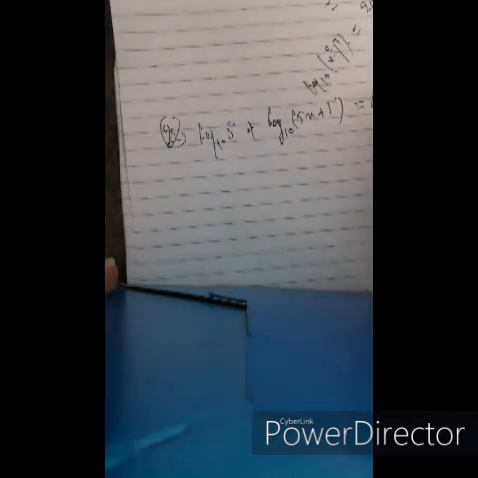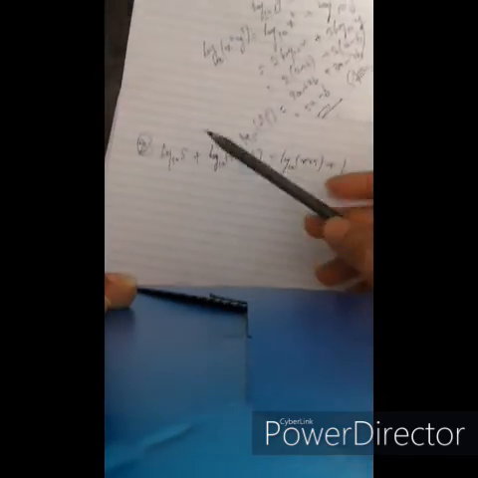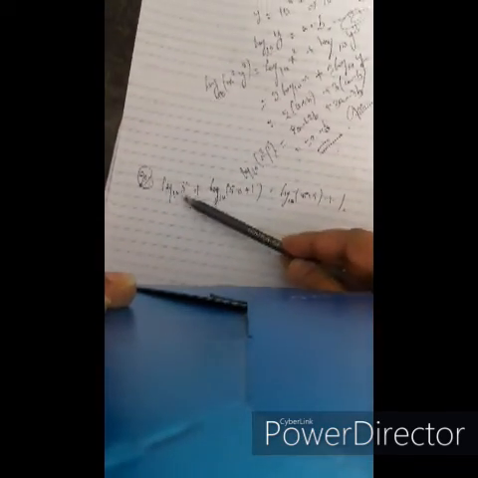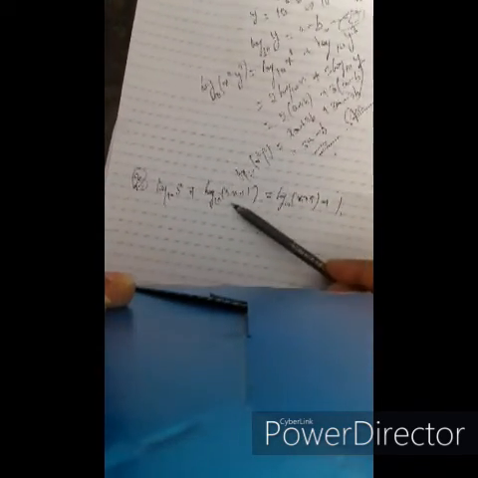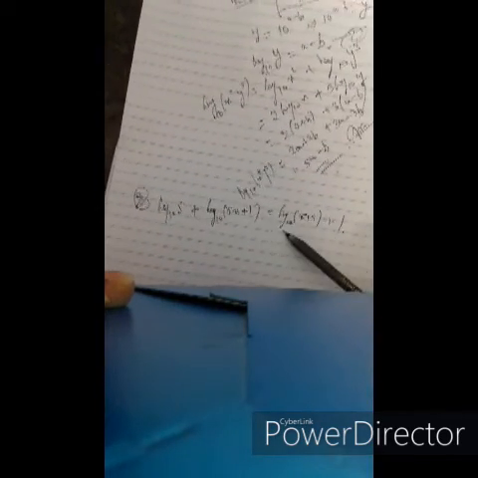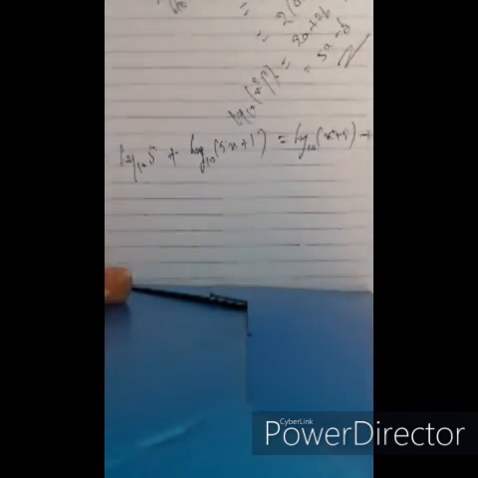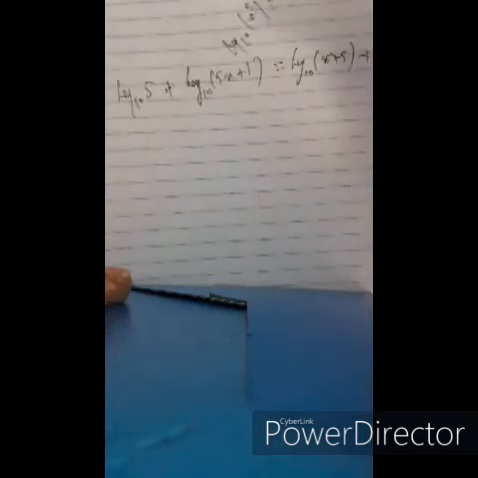So we have to solve this. We have to in fact find the value of x for this. I hope you are able to see the problem. Log 5 to the base 10 plus log 5x plus 1 to the base 10 equals log x plus 5 to the base 10 plus 1. This is given. Now we have to solve for x. How do we solve this?